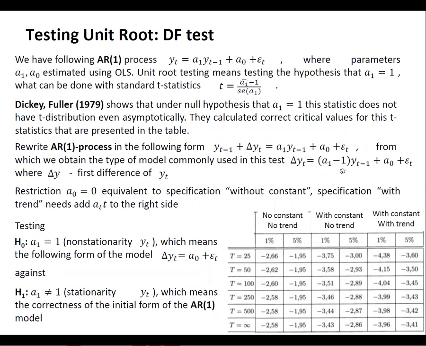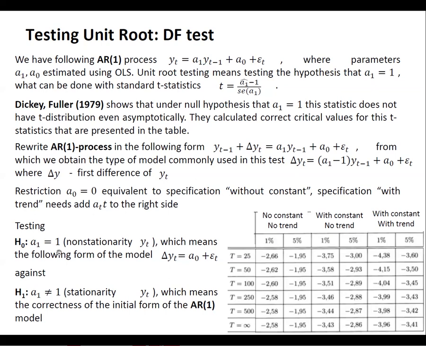In fact, the regression is tested for the significance of the difference of this coefficient a1 star from 0. Its equality to 0 is equivalent to the fact that A1 is equal to 1. The null hypothesis being tested is that this A1 is equal to 1. This means non-stationarity and the correctness of the model on the first differences.